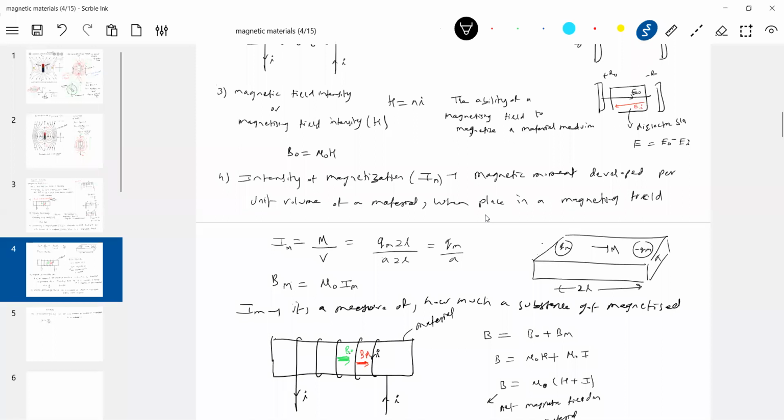That measure is nothing but the intensity of magnetization, measured as magnetic dipole moment per unit volume.